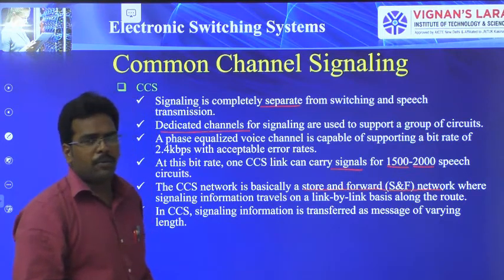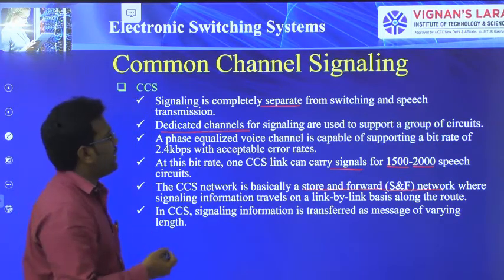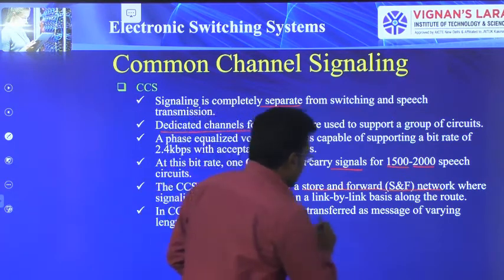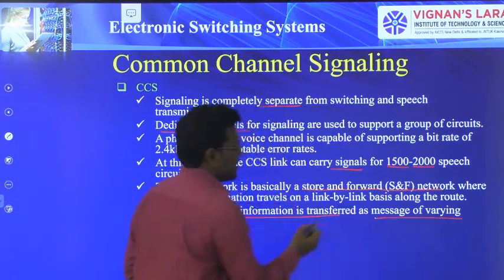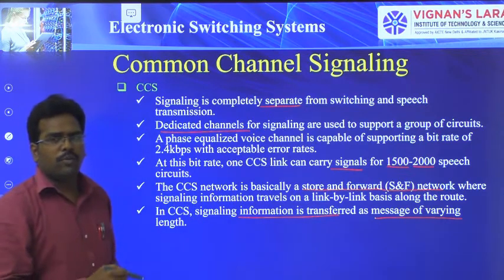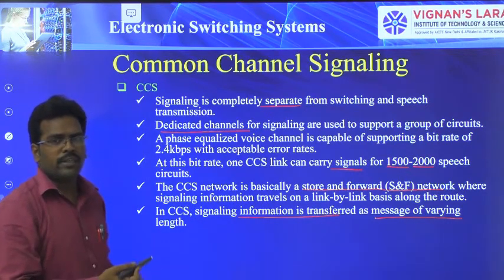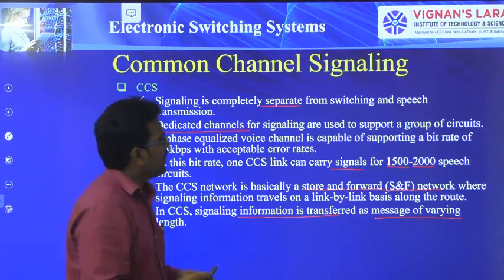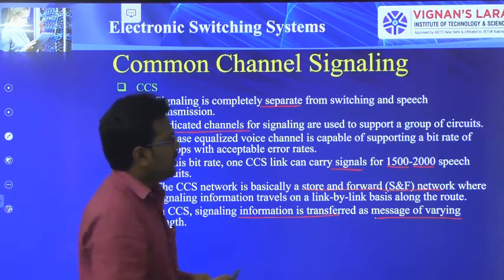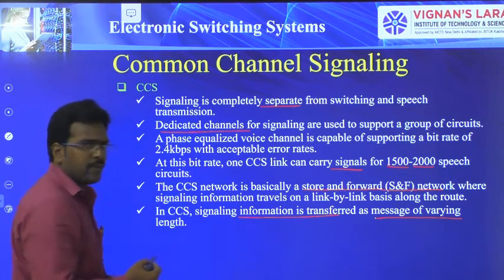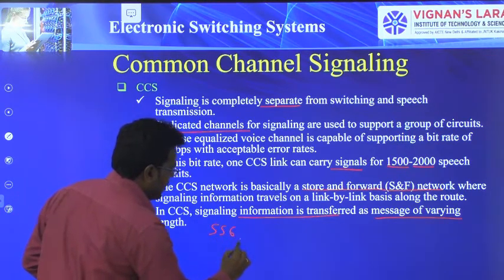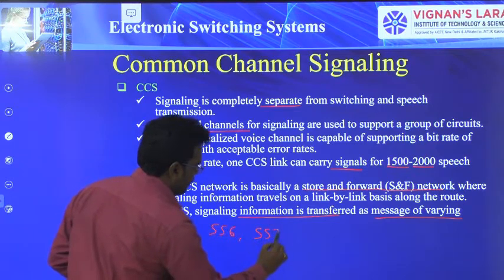One more important point here is, in common channel signaling, we transfer the information in the form of messages. Therefore, we will come across different message formats for different types of common channel signaling. Similar to in-channel, here we will discuss two types of signaling systems, SS6 and SS7.